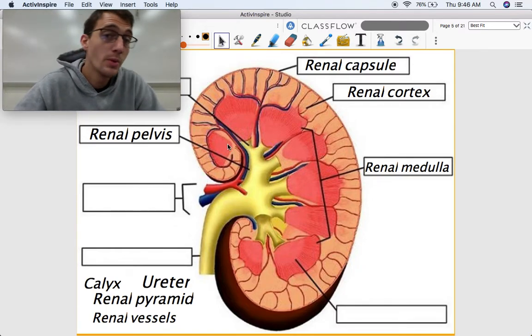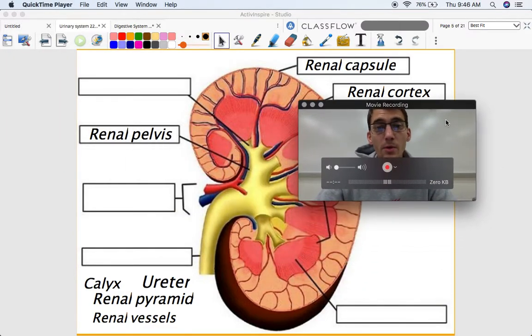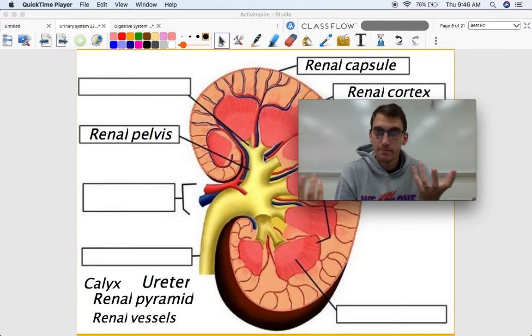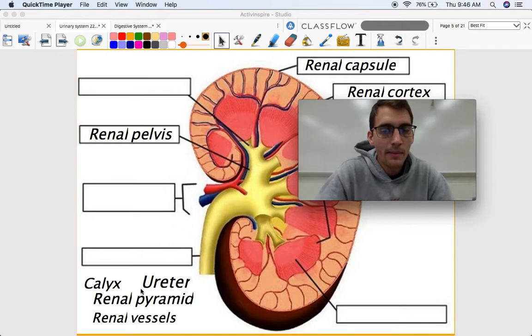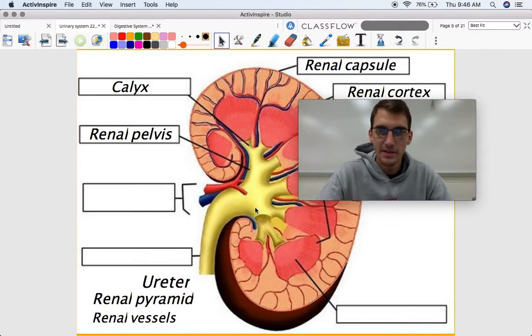And that's exactly what the renal pelvis is. It's a big funnel. And the renal pelvis has different tubes that funnel into it. Each one of those is called a calyx, and the plural is calyces. So this is a minor calyx, and these are major calyces over here. They're kind of like funnels that go into funnels.